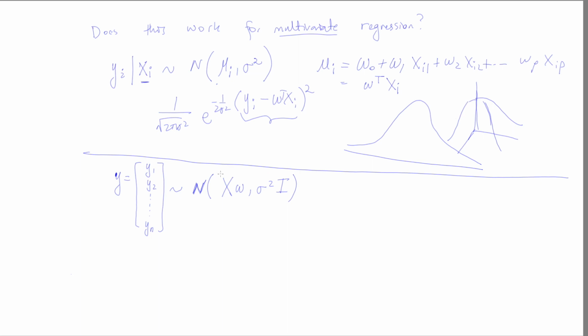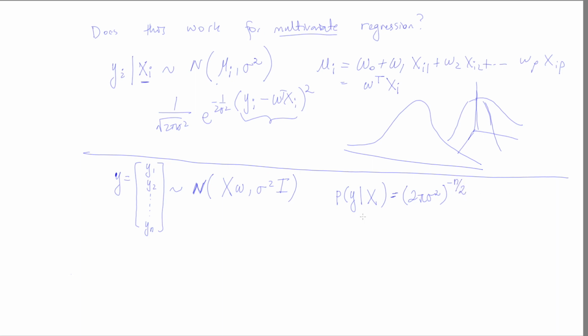So this is just generalizing this idea. And the probability density function is equal to 2 pi sigma squared to the power of minus n over 2.